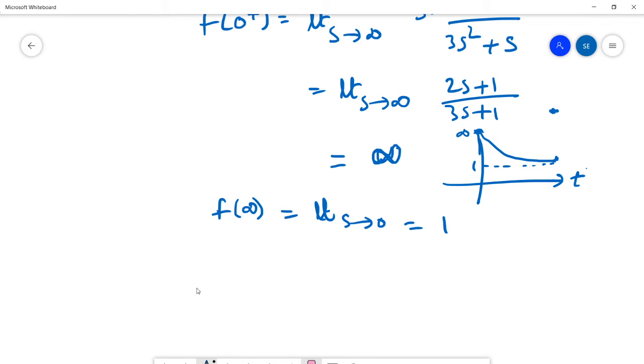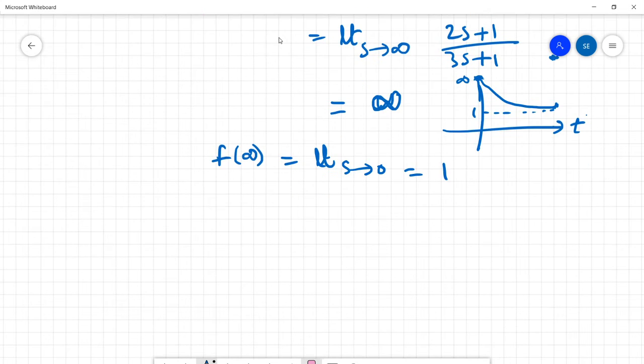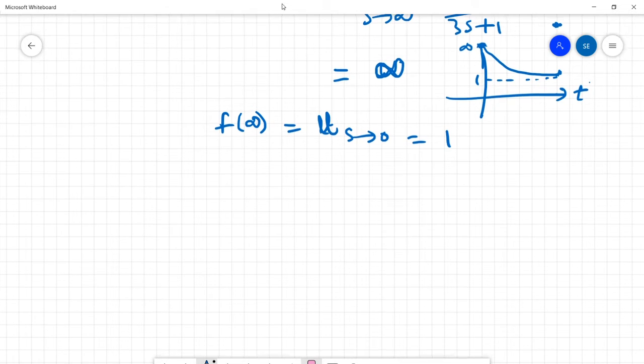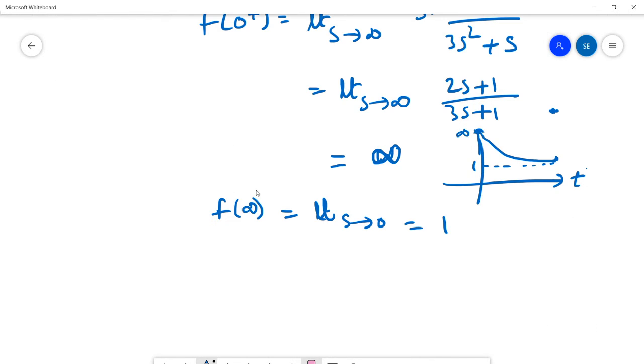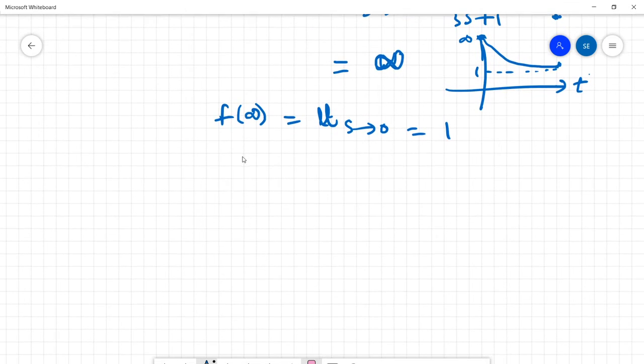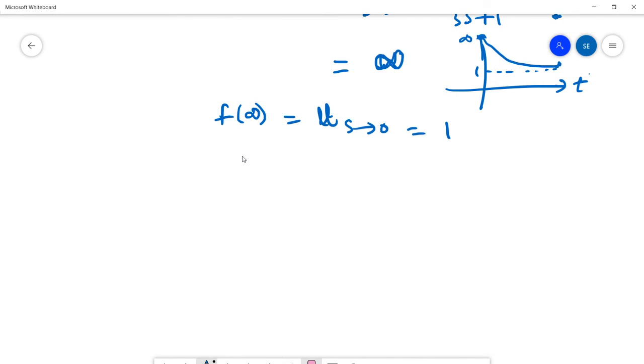Here, when we are considering initial value and final value, we have to check the applicability, like for which systems we can apply this. What systems are eligible to work with initial value and final value determination? Important to note: if the output converges at a single point, then the final value exists.